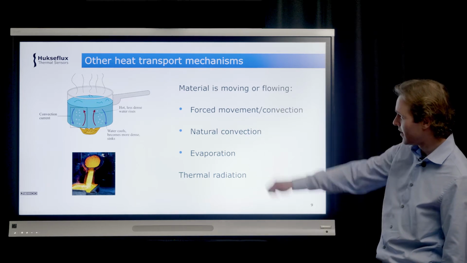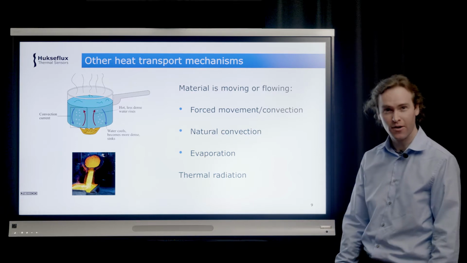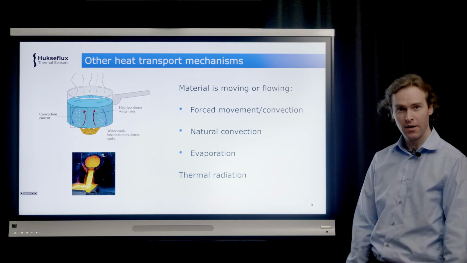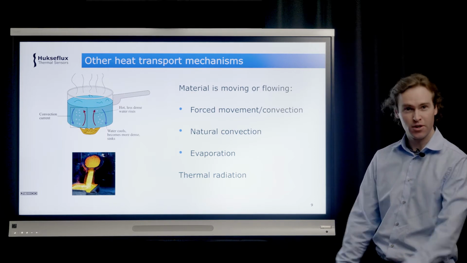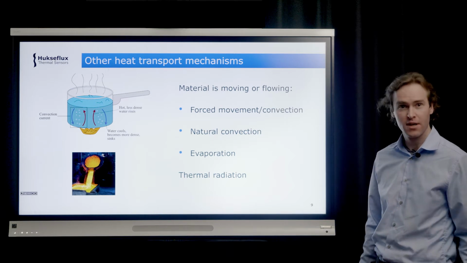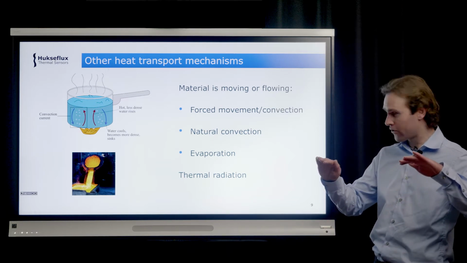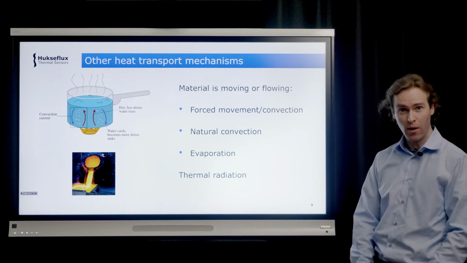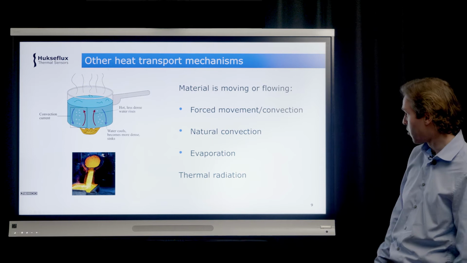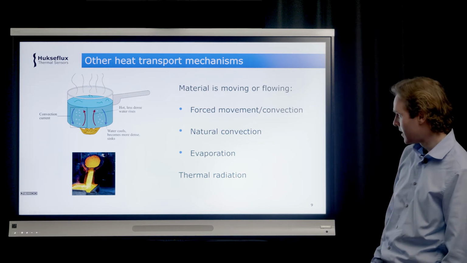So for example, in a pot, if you are boiling water, then the water at the bottom will heat up. It will expand, the density will be lower, and lighter material will flow upwards, whereas colder material on the top will be heavier and will flow downwards. And in that way, heat can be transported through movement.